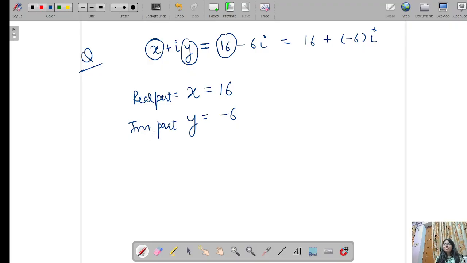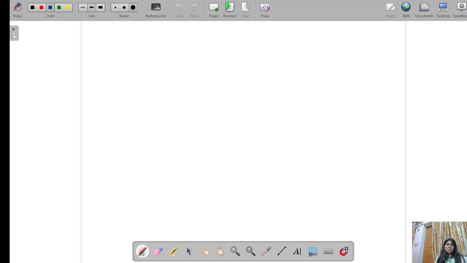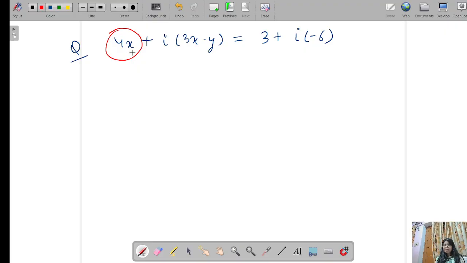Two complex numbers are equal only if the corresponding parts are equal. Alright, let's suppose I am taking this example: 4x plus iota (3x minus y) is equal to 3 plus iota (minus 6). This is the question. Now, if I'm saying this is equal, then this can only be equal when the real part of this is equal to the real part of this, and the imaginary part of this is equal to the imaginary part of this.